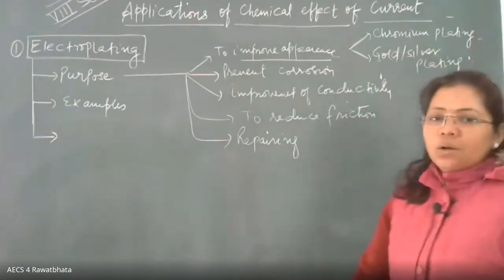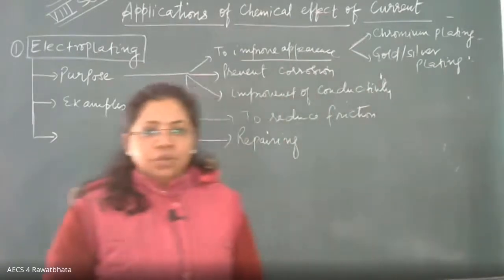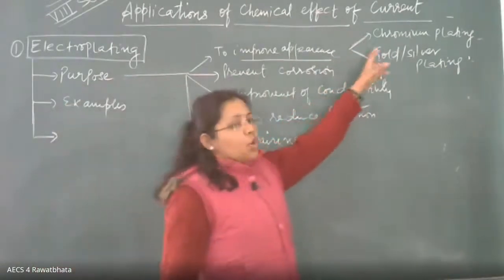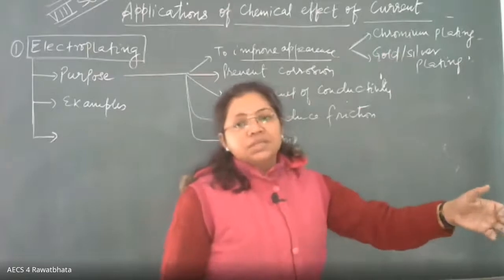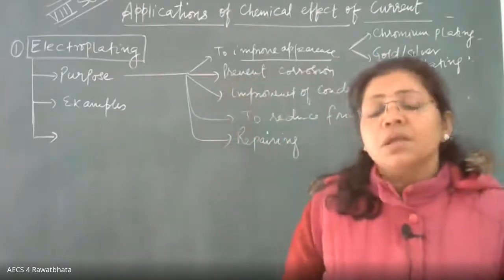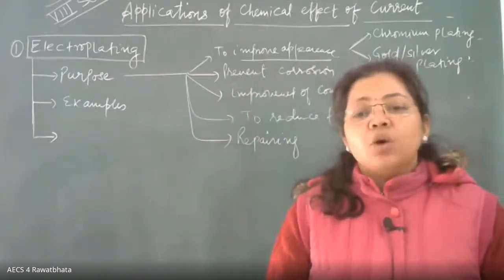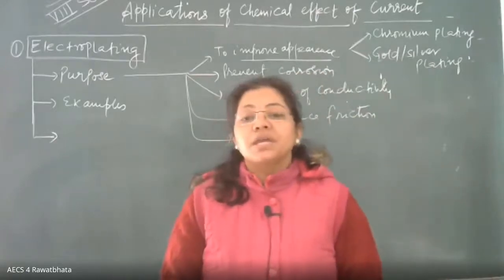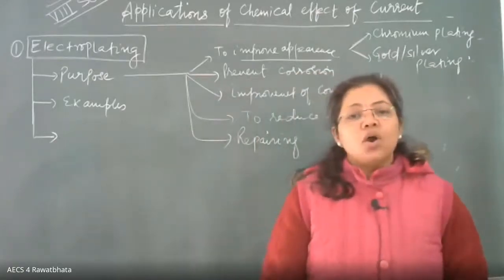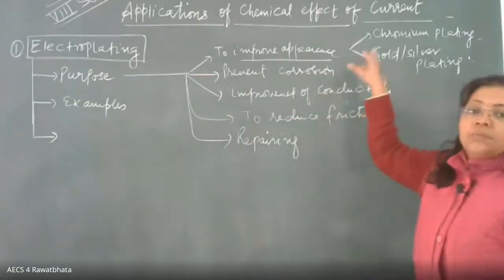For example, whatever taps we have in our houses, different parts of our vehicles, different instruments, they all have chromium plating.